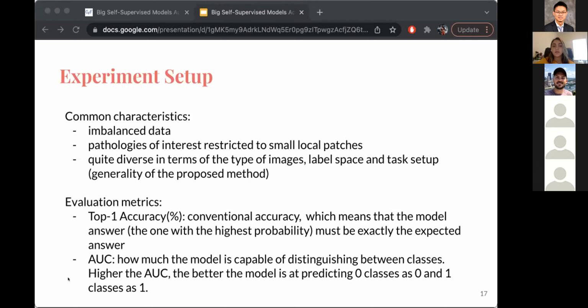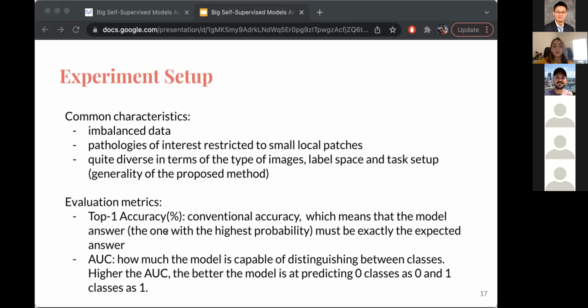They're both quite diverse in terms of the type of images, the label space and the task setup. So they are trying to show the generality of their proposed method, which is not too convincing to me. I will talk about it at the end.